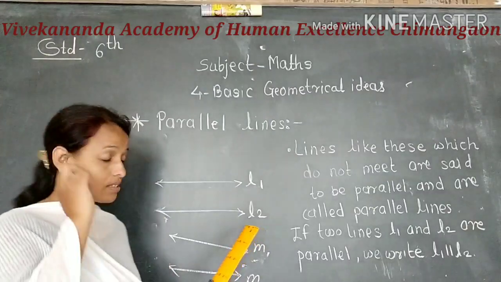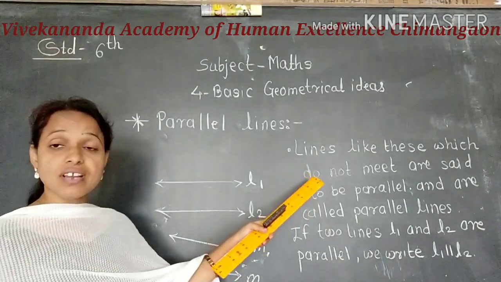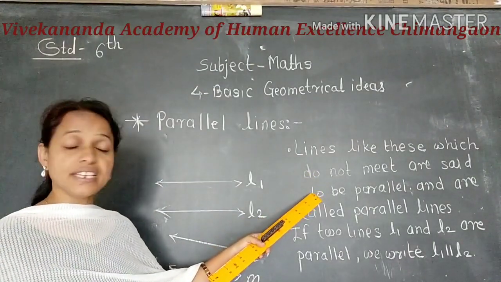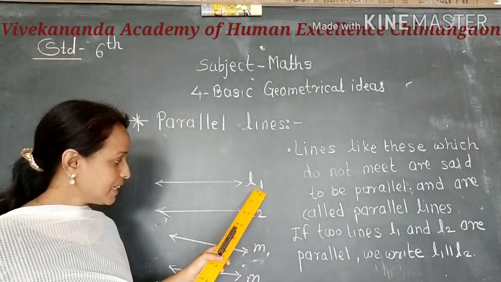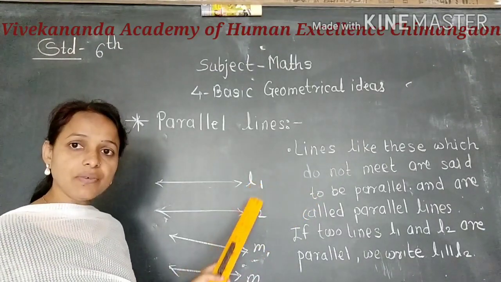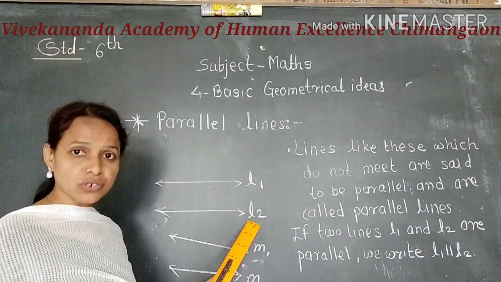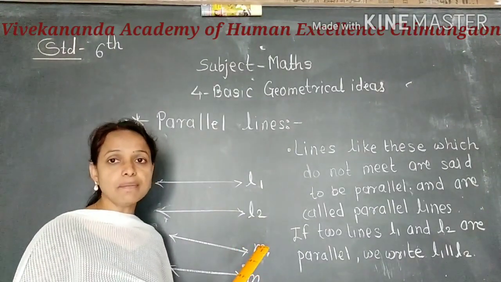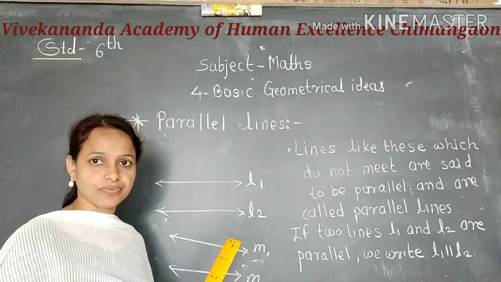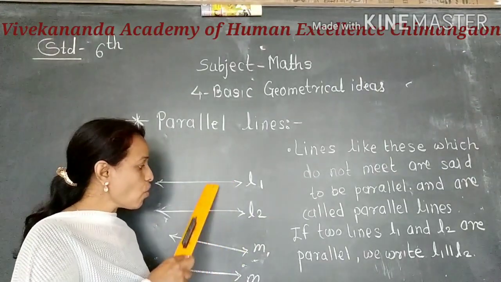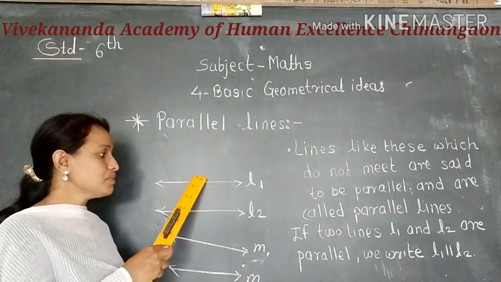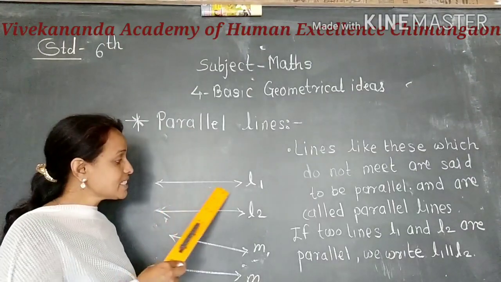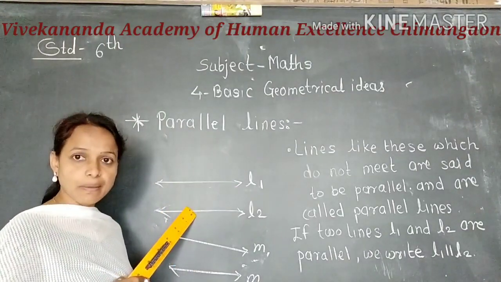See, what did we say now? Lines which do not meet each other are parallel. But here, lines L1 and L2 are parallel to each other, but lines M1 and M2 are not. Because if you observe the distance between L1 and L2, it is the same everywhere.